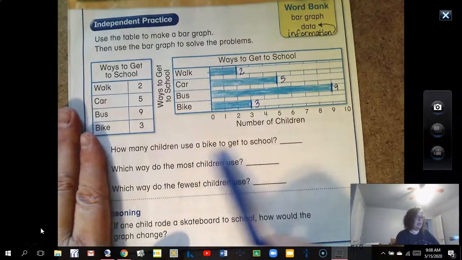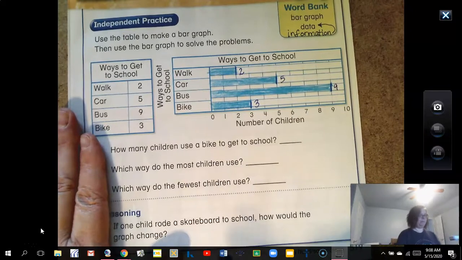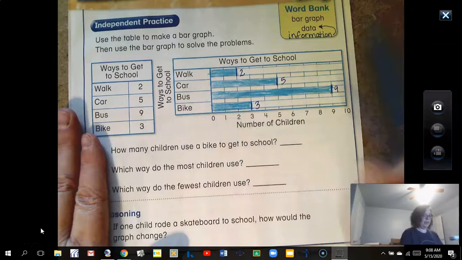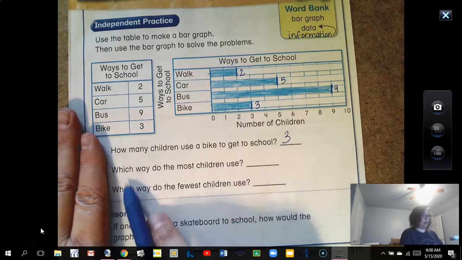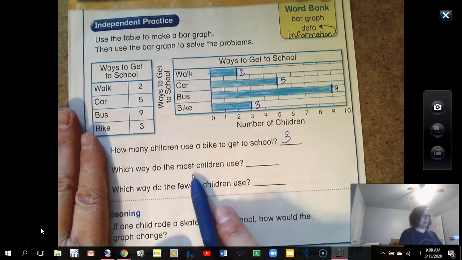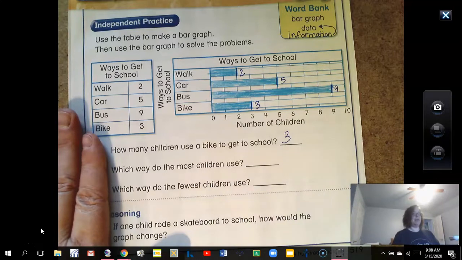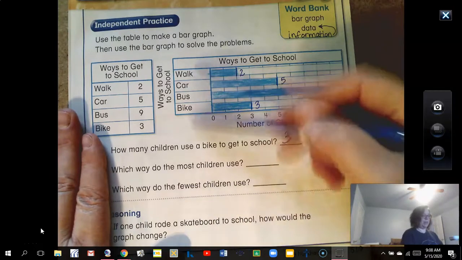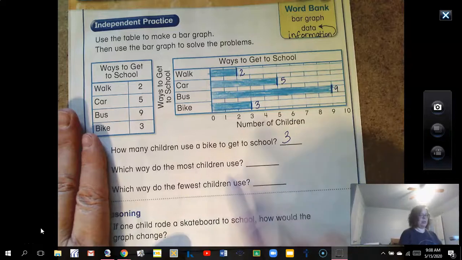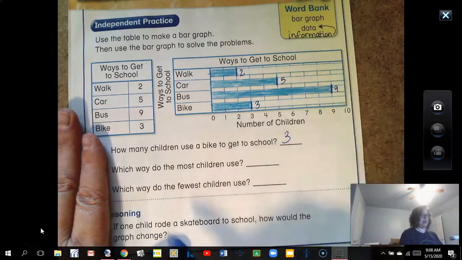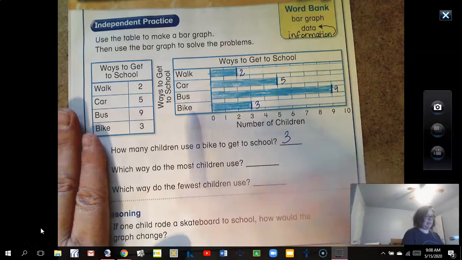How many children use a bike to get to school? So I'm going to go to bike, read. Which way do the most children use? See, so they're not asking a number, they're saying which way, which mode of transportation do most children use? So you look up here, which bar is the longest?